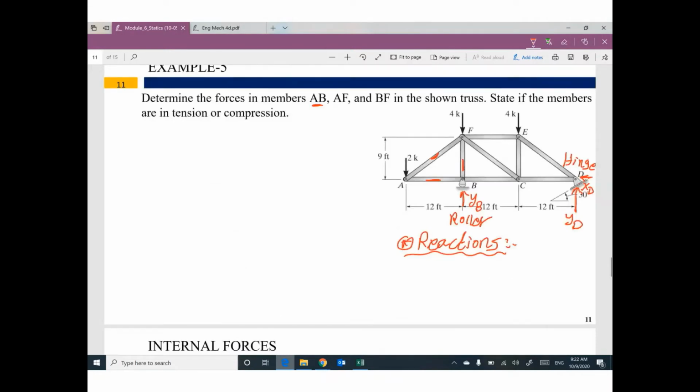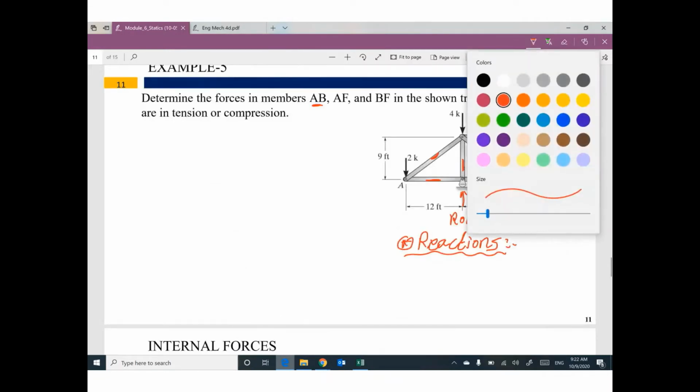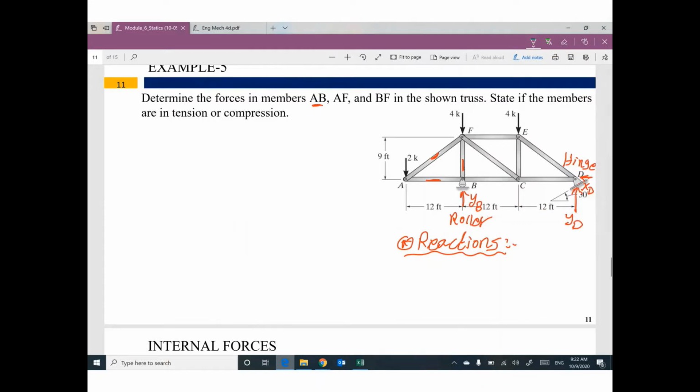By the way, I will not waste more time on your reaction. I can tell you 4 times 12 plus 4 times 24 plus 2 times 36, divided by 24. This reaction YB will be 9.